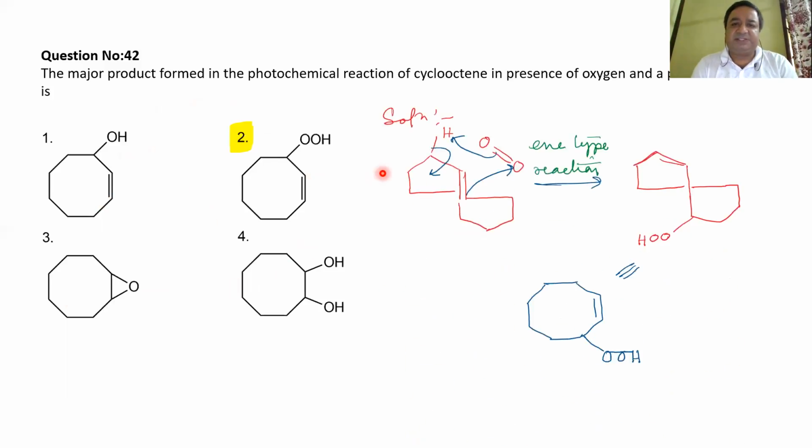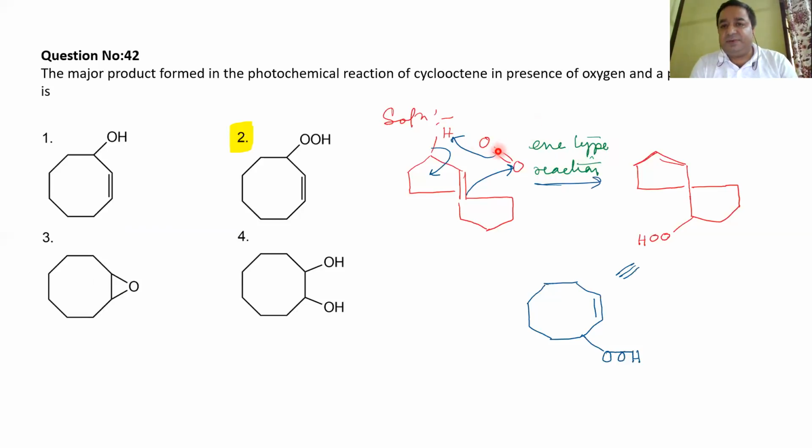In this particular reaction, we have to remember that a cyclooctane system can undergo cis-trans isomerism. So if you write the trans one here, and if you place the oxygen the way I have placed it, one can consider an ene type of reaction as I've shown.